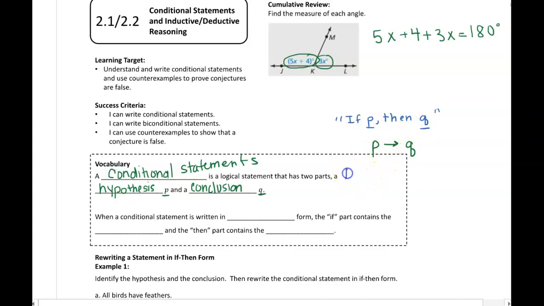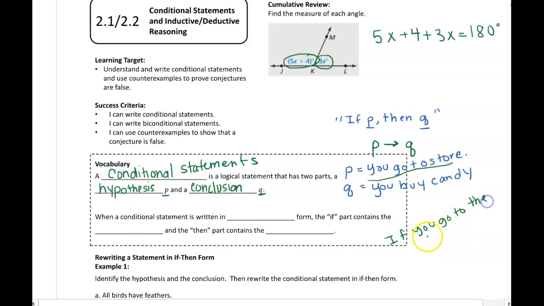Okay, so for example, if I had P that you go to the store, and then my Q would be, I don't know, you buy candy. Okay, so if I wrote this as a conditional statement, if P, then Q, it's going to be: if you go to the store, comma, then you buy candy.